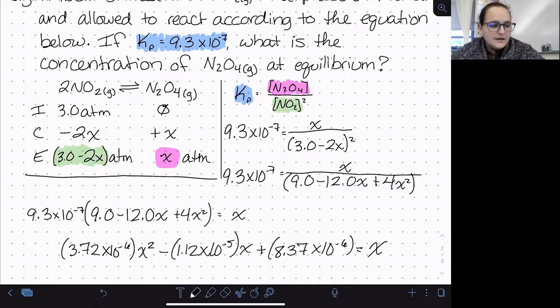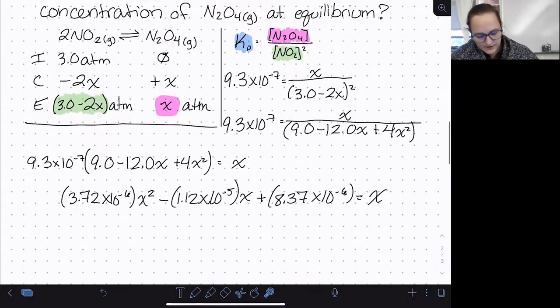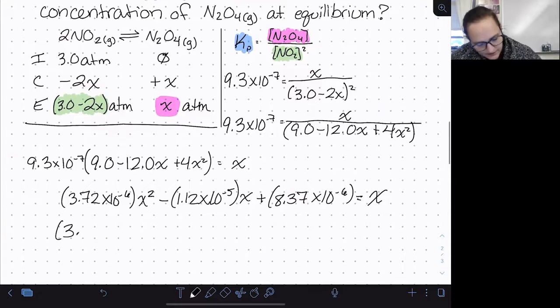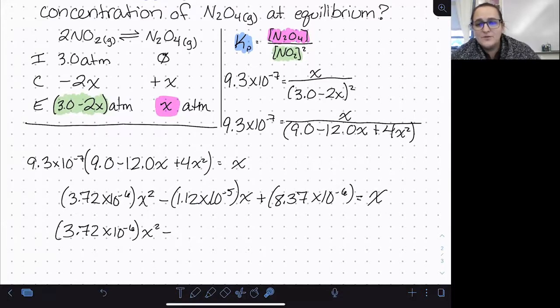The last thing we need to do to get this in typical quadratic form is just subtract this x from both sides so that that is equal to 0. So we will have 3.72 times 10 to the minus 6th x squared. When we take this and subtract 1 from it, it's essentially minus 1.